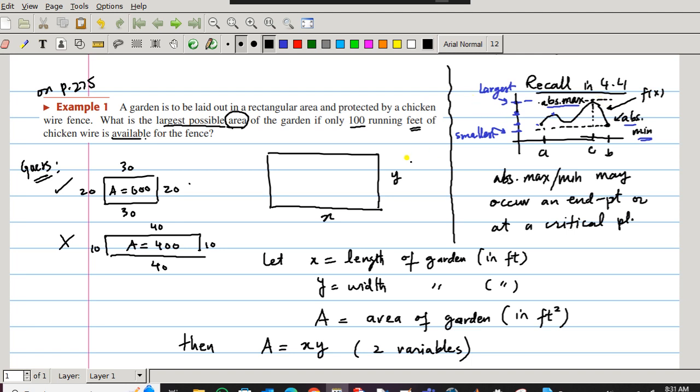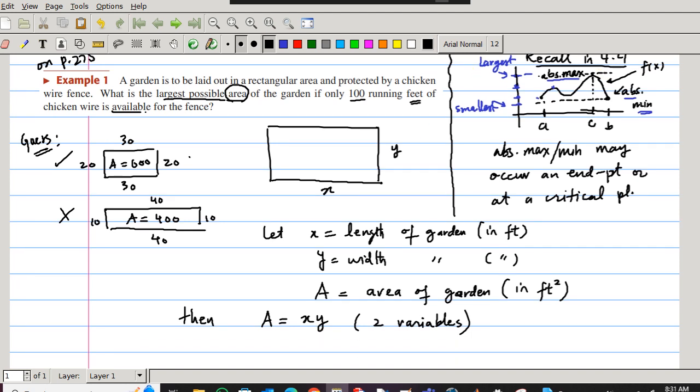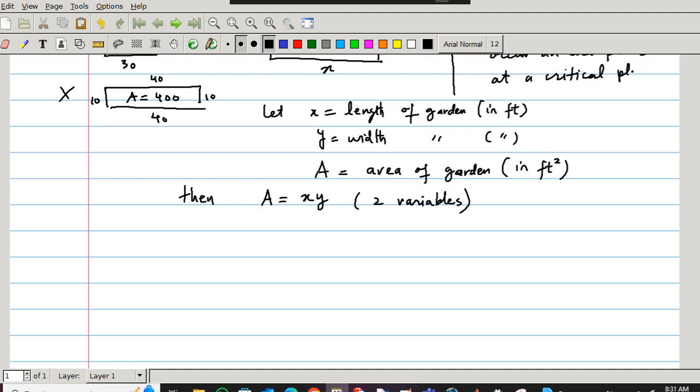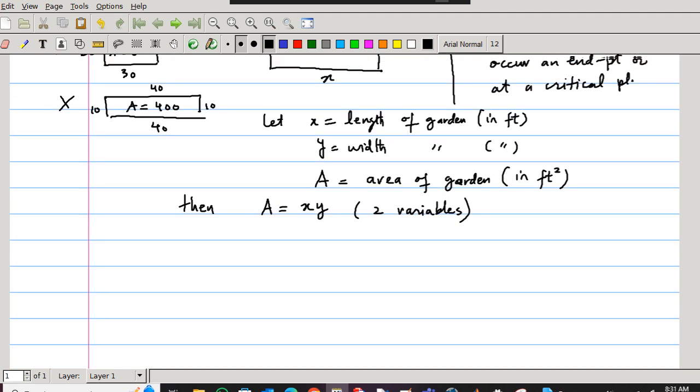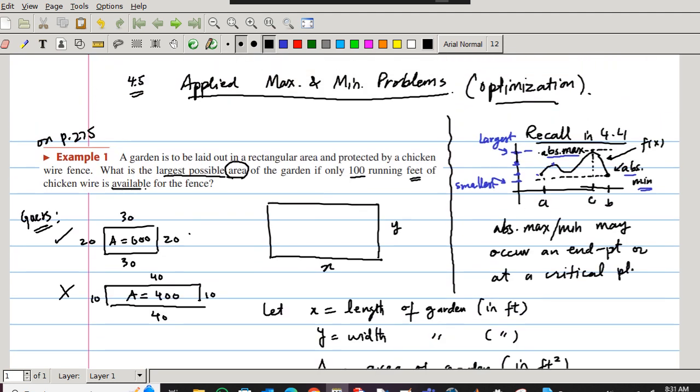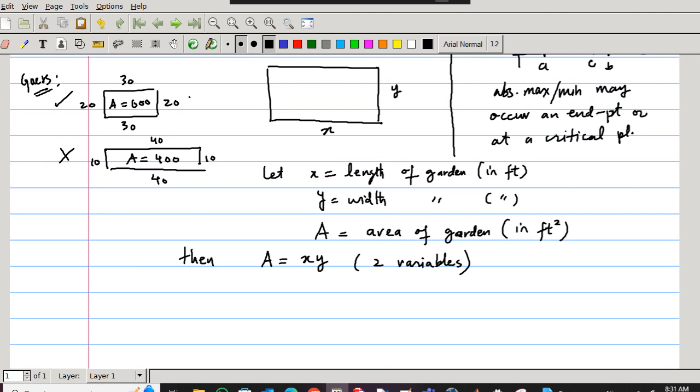So when we have more than one variable, look for a condition. A condition will be given. What is the condition here? They said only 100 feet of wire is available. The last sentence, only 100 feet of wire. It means if I add x plus y plus x plus y, it should be 100. If I add all the sides, it should be 100.